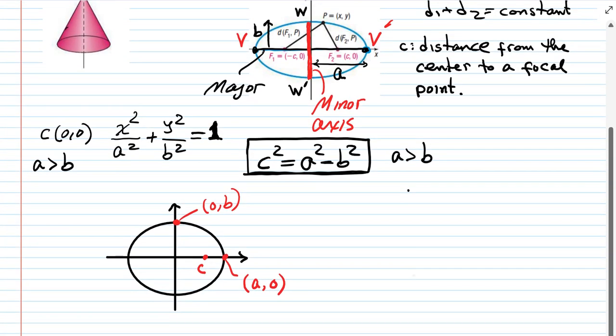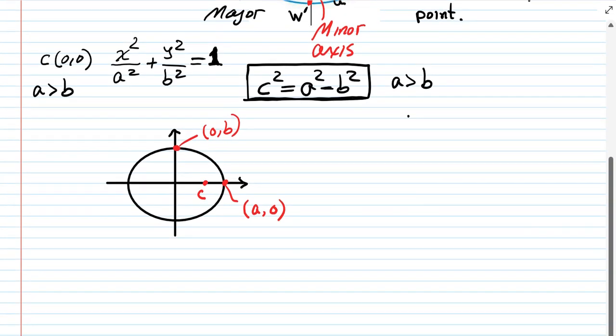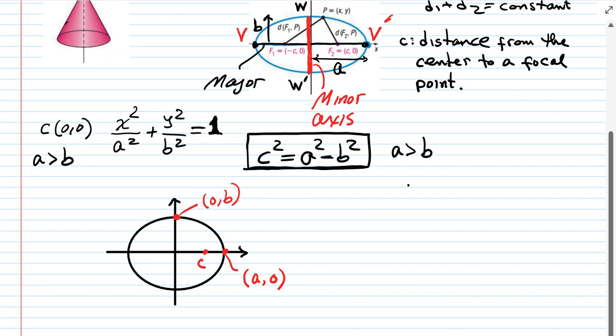Remember, vertices are the endpoints of the major axis, co-vertices the endpoints of the minor axis. If A is greater than B, the way I have it here, then the major axis is going to be either parallel to the x-axis or the x-axis itself, depending on where the center is.